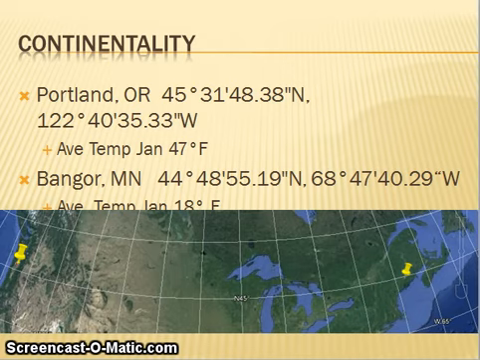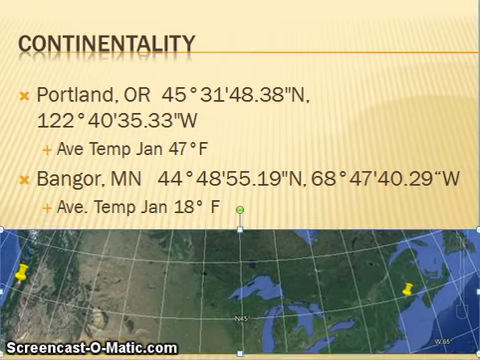So here is an example of two locations, both at about the same latitude. Portland, Oregon is at 122 degrees west longitude, and Bangor, Maine is at 47 degrees west longitude.